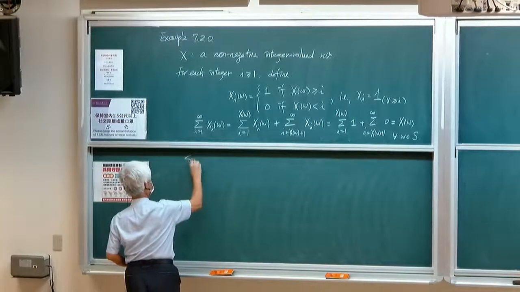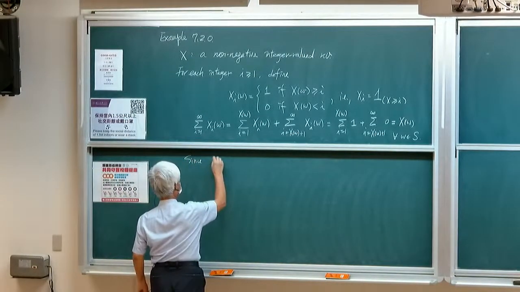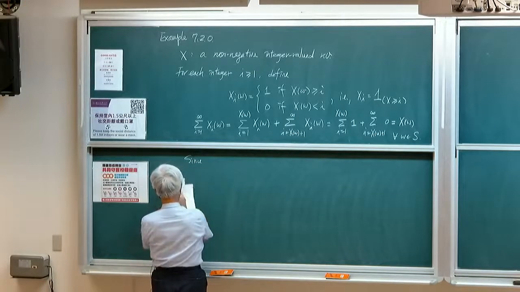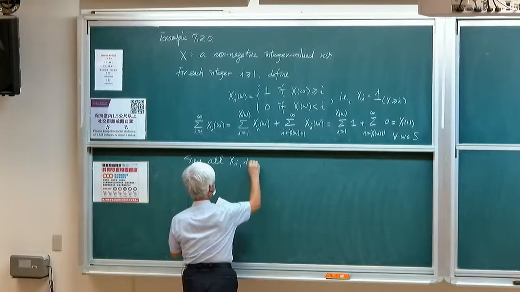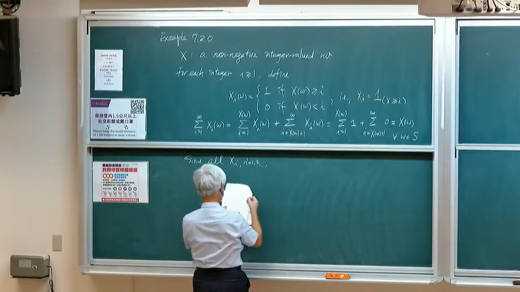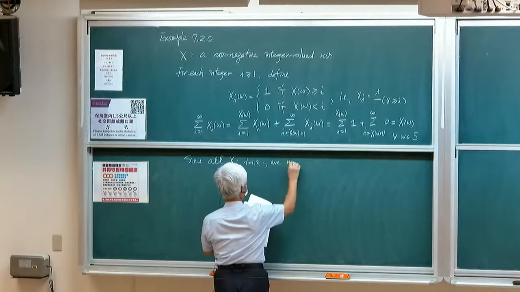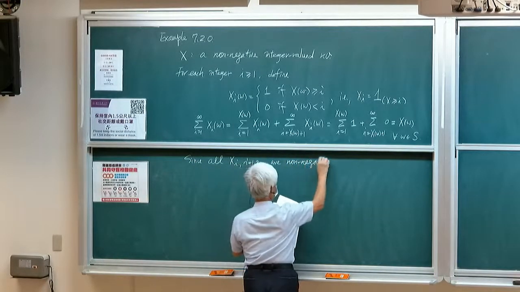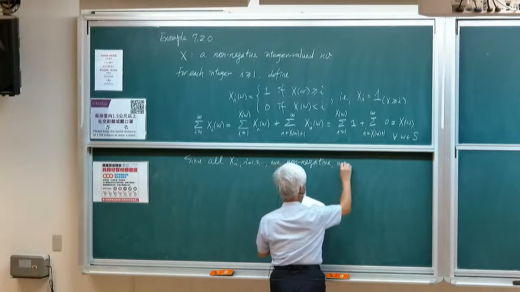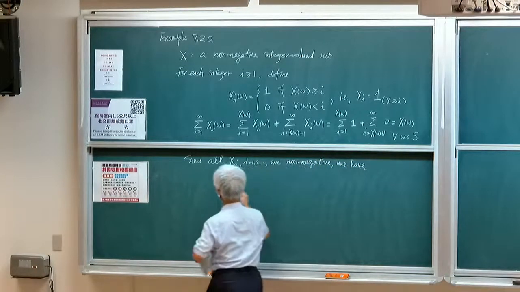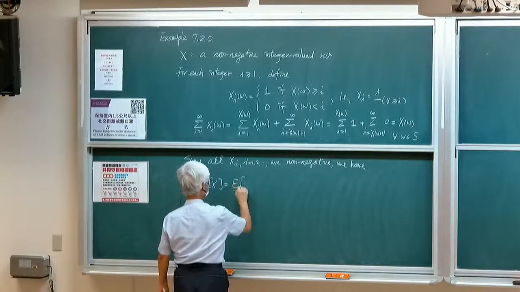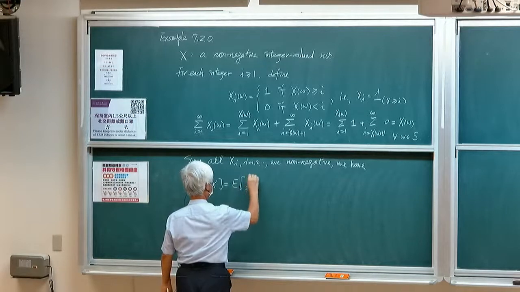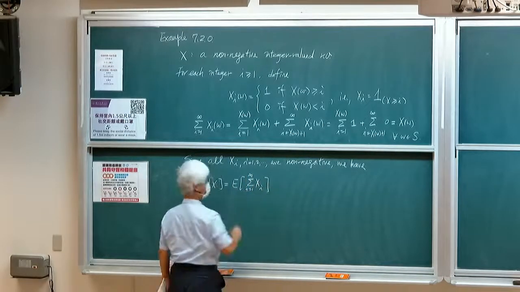Okay, so now, since all X_i are non-negative, we have that the expectation of X is the expectation of the series sum of X_i.